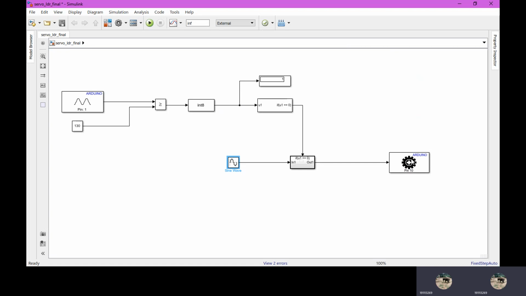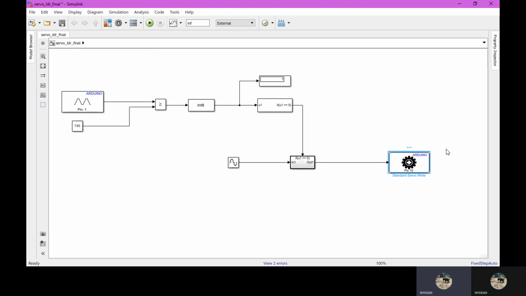But here this is a standard servo input, a servo write, as you can already see here, and I just have to implement a model here, a block diagram which is easy to understand, to implement my project.